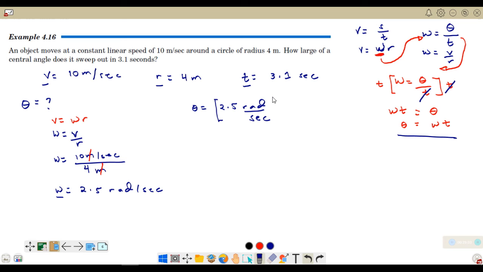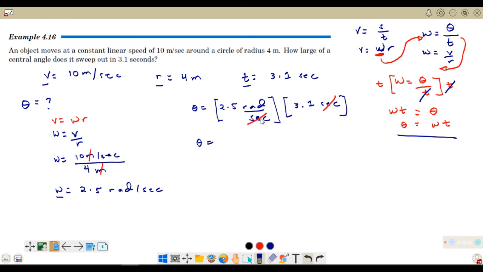Now, for the time, that is 3.1 seconds. So, what will happen to our unit of time? So, second over second, canceled out na siya. All we have to do to get the value of the central angle is to multiply 2.5 and 3.1, retain the unit radians.